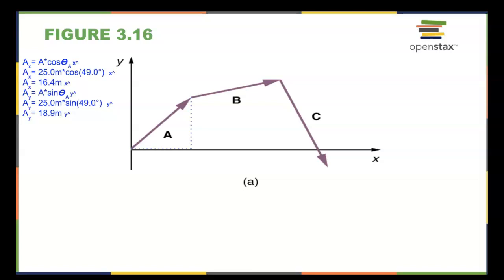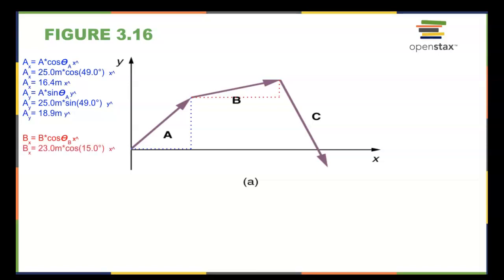I'm going to do the exact same process for vector B. So let me make my dotted lines here to show the y and x components of vector B. These do not get drawn back to the origin of A. These get drawn back to the origin of vector B. B in the x direction is B times cosine theta B, x hat.